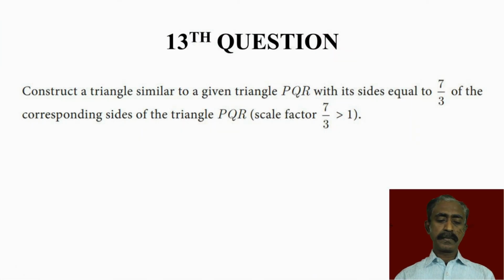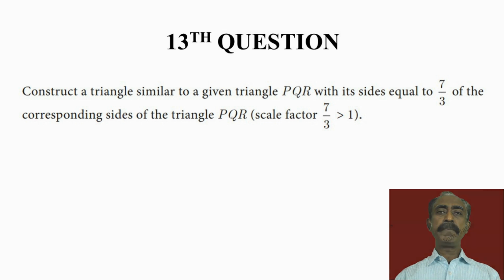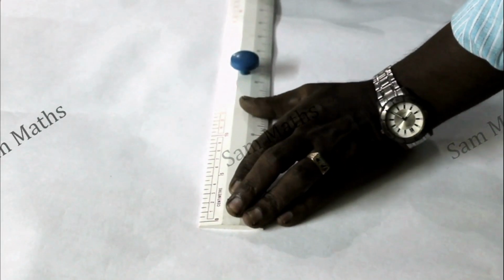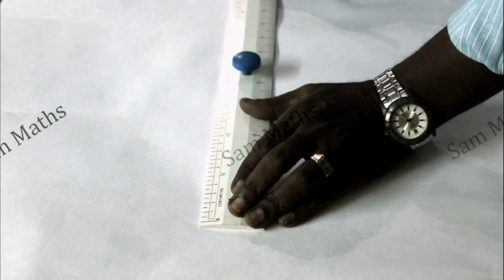Thirteenth question. Construct a triangle similar to a given triangle PQR with its sides equal to 7/3 of the corresponding sides of the triangle PQR. For that, you consider a triangle.